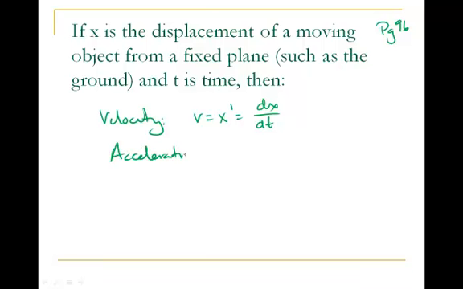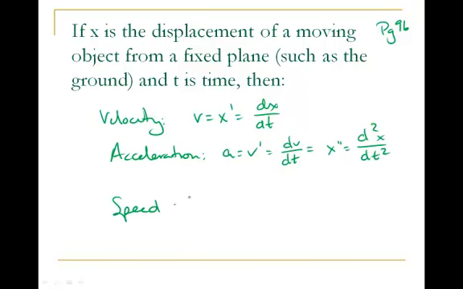Acceleration is v prime or dv/dt, or x double prime, d squared x/dt squared. And the other thing that I just want to recap for you is that speed is equal to the absolute value of the velocity. We don't often talk about speed except when we're talking about speeding up or slowing down. Okay, that's it for 3.5.